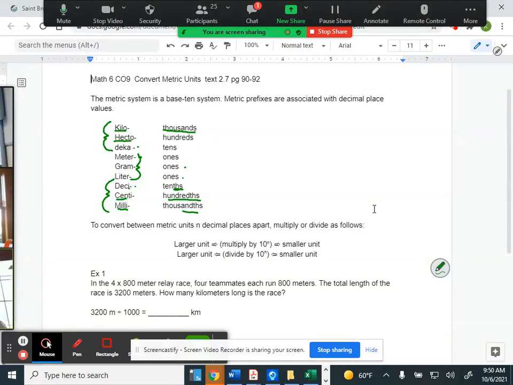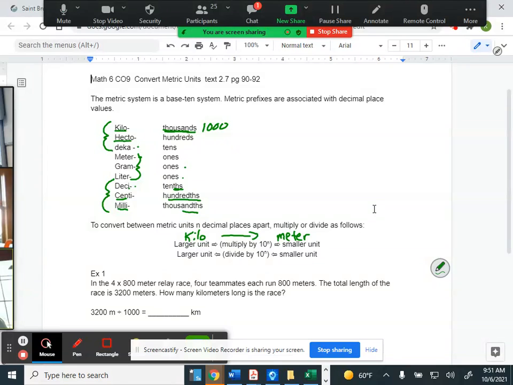To convert between metric units in decimal places apart, multiply or divide as follows. If you're starting with a large unit, like a kilo, and you want to go down to a smaller unit, like the meter, you're going to multiply by 10 to whichever power you're at. A kilo is the thousands, so you multiply by 1,000.